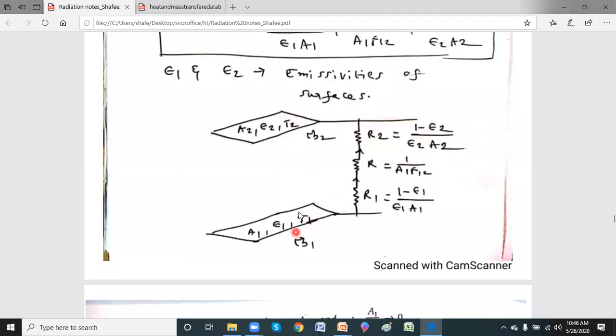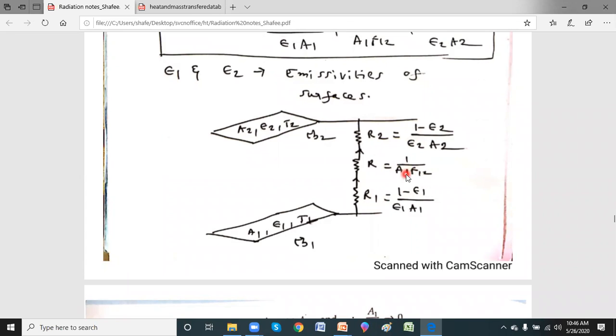Now these assume that you have infinite parallel planes, right? This is how I can draw the network problem. So EB1, EB2 as usual, and here they have given epsilon 1 as well as epsilon 2. Now you have two more resistances, R1 and R2, which are called surface resistances, given by this particular formula here.